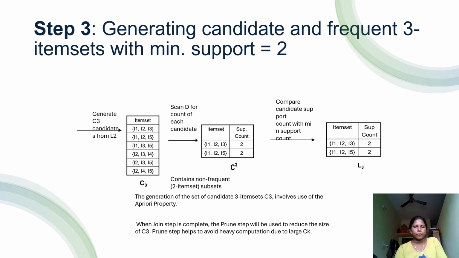The generation of the set of candidate 3 item sets C3 involves use of the Apriori property. When the join step is complete, the prune step will be used to reduce the size of C3. The prune step helps to avoid heavy computation due to large Ck.